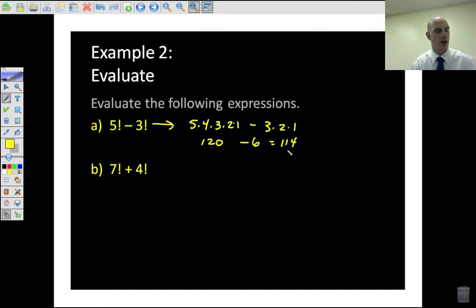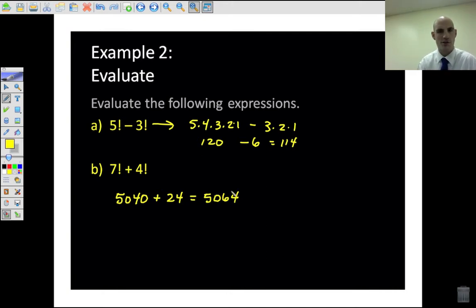Okay? The next part, adding them, is the same way. So really what we're going to think about is 7 factorial, which is 5040, plus 24 is going to give us 5064.